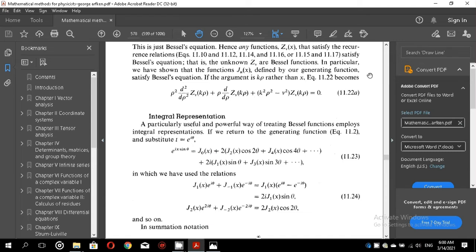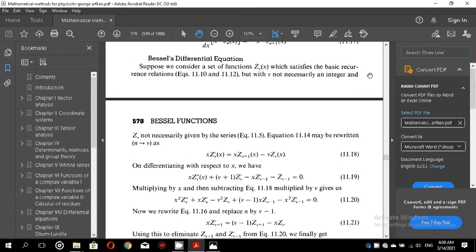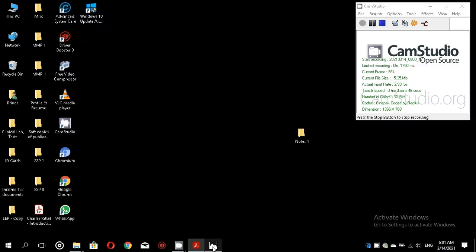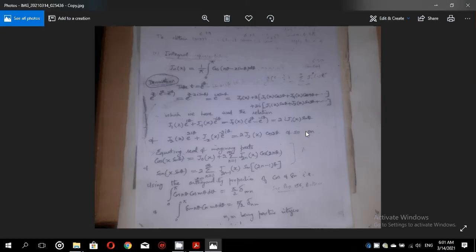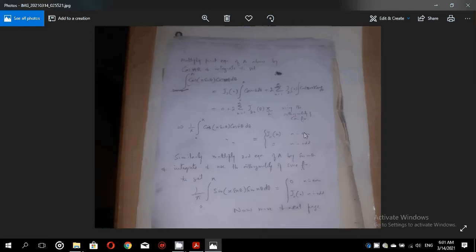So you must turn to page 578 of the book by Orthogonal, and you must also consult my notes here, few pages of my notes. These are the pages which I have already sent to you. So these two references must be before you when you are attending this lecture.